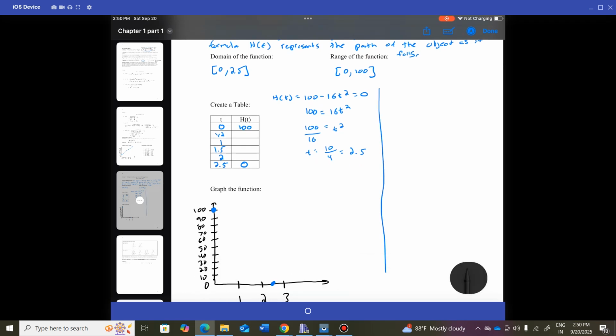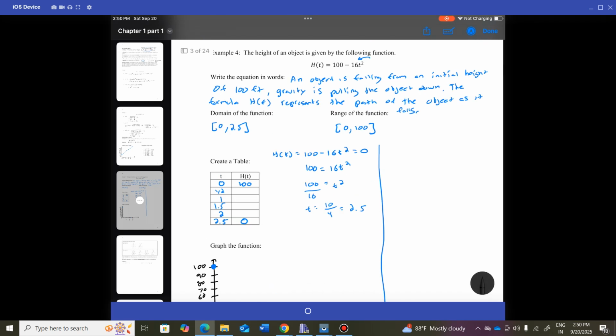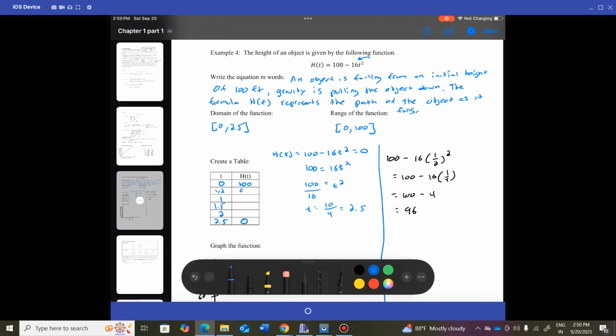All right, so let's just get some of the points here. So 100 minus 16 times 1/2 squared is 100 minus 16 times 1/4, which is 100 minus 4, so it'll be 96.